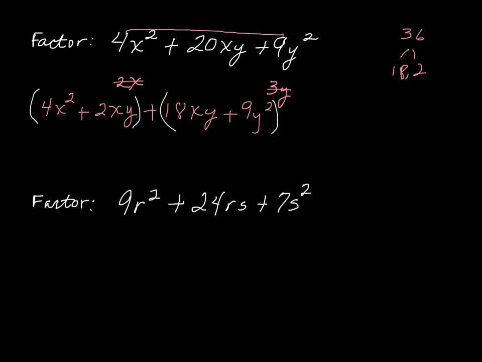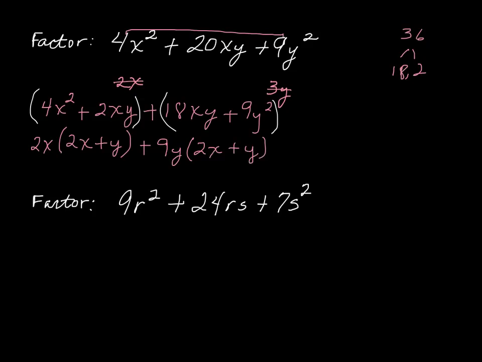You can't forget this. We factor out a 2x, and it leaves us 2x plus y. And over here we can factor out a 9y, and we have a 2x plus y.